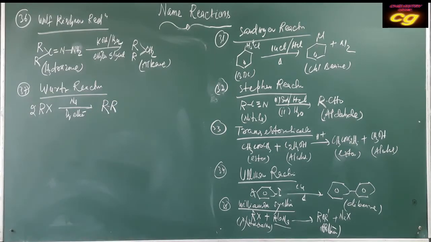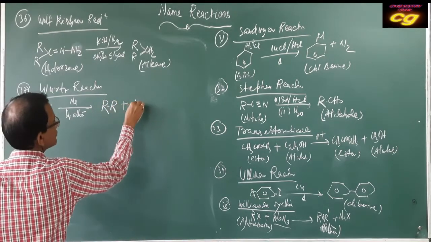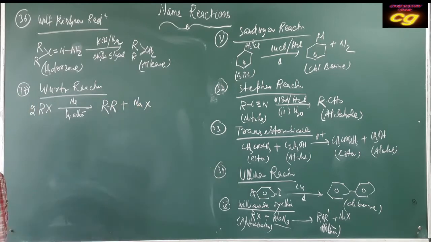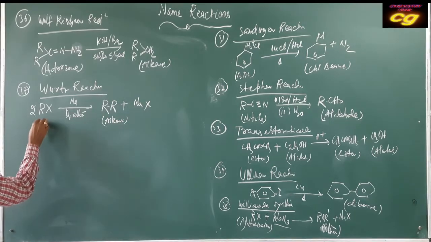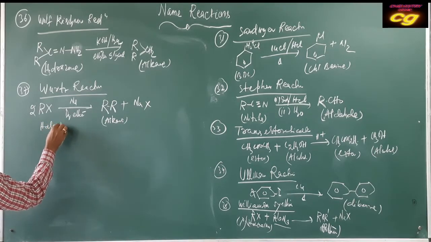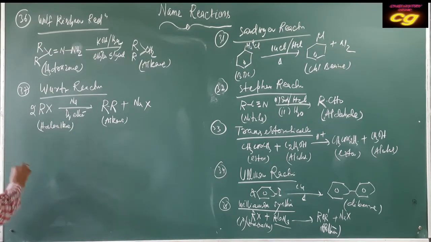Higher alkane you can prepare, along with sodium halide. This is your higher alkane from haloalkane. This is called Wurtz reaction. Formation of higher alkane from haloalkane using sodium metal.